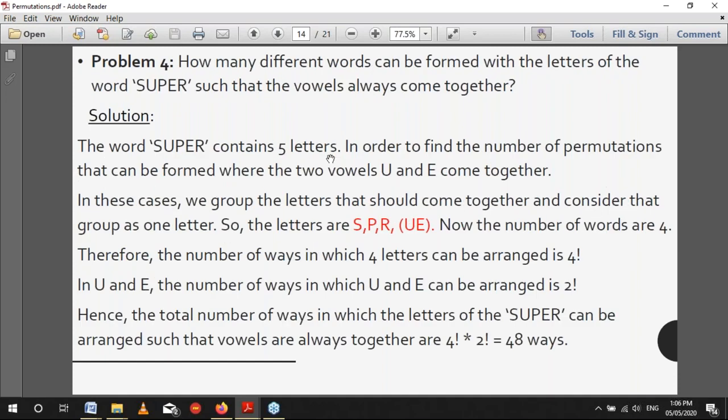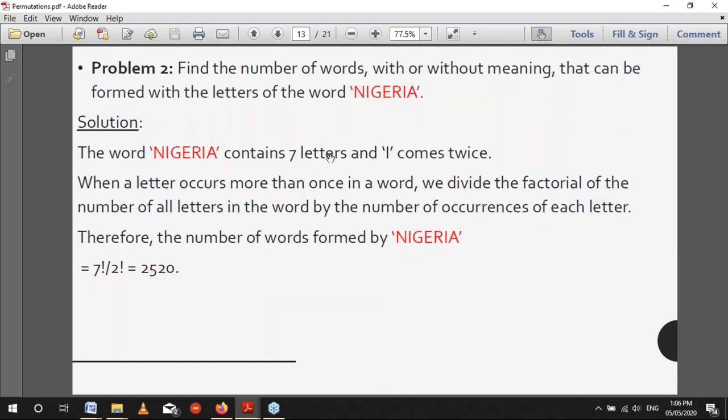So the number of words formed from Nigeria is 7 factorial over 2 factorial. Solving it, 7 multiplied by 6 multiplied by 5 multiplied by 4 multiplied by 3 multiplied by 2 multiplied by 1, all over 2 multiplied by 1, gives you 2520.